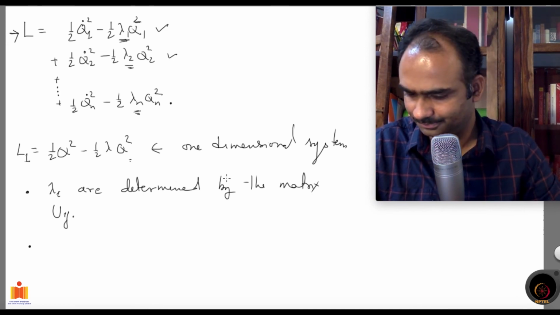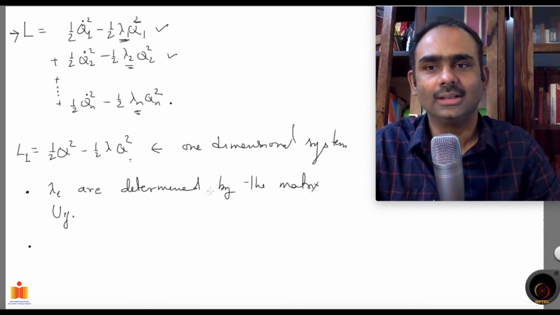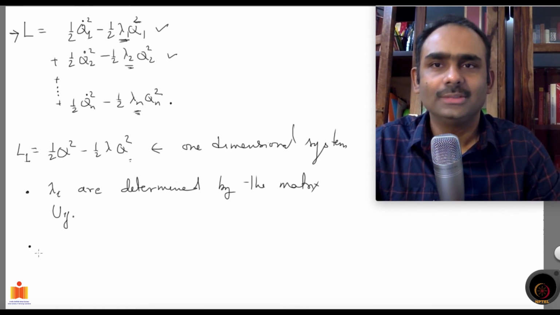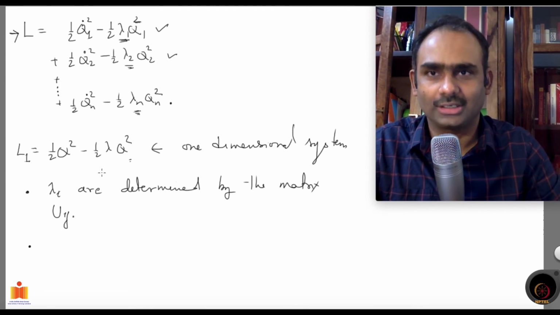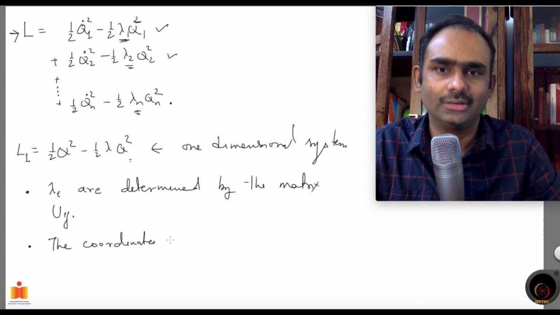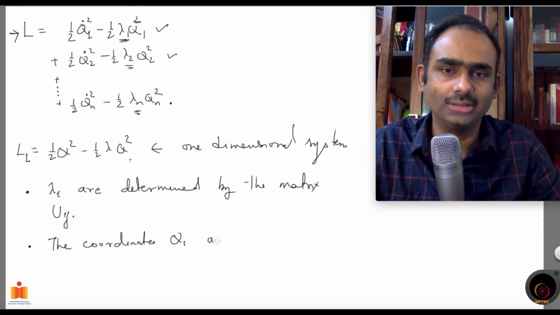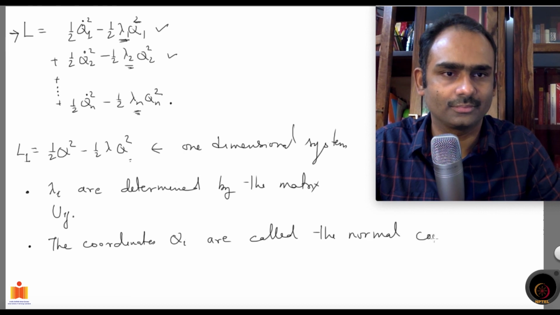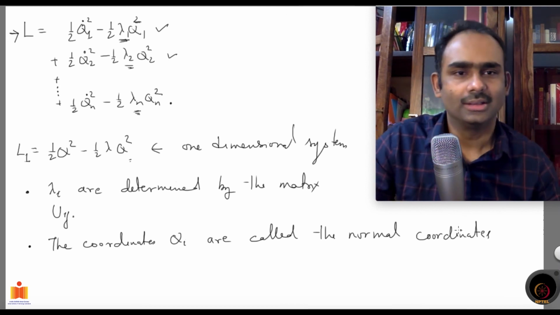And let me just tell what these coordinates are called. These coordinates qi are called the normal coordinates. Okay, that's good.